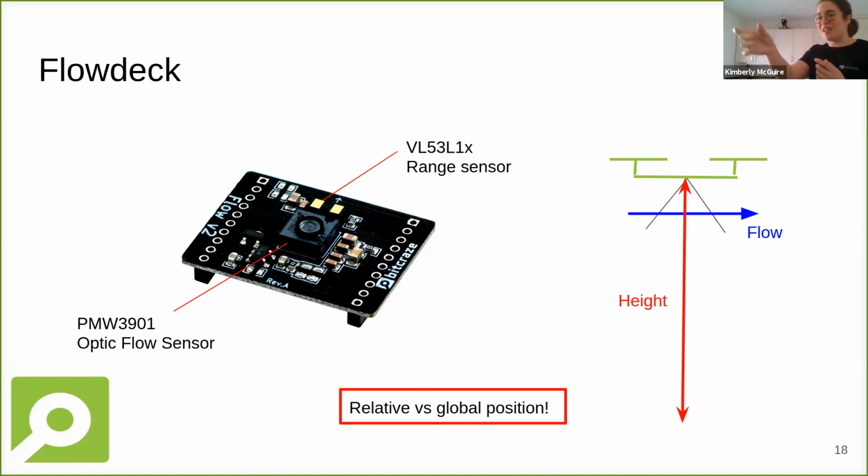So if you put the Crazyflie here, it will be minus X plus Y, something like that. With the Flowdeck, wherever you start the Crazyflie, that's where its initial coordinate system will begin. So that is the important thing to think about if you fly with the Flowdeck. I'm going to keep repeating that in the rest of the lecture as well.